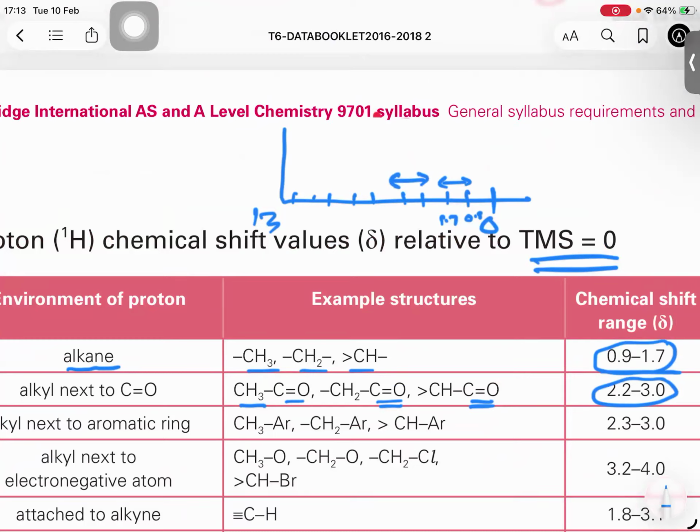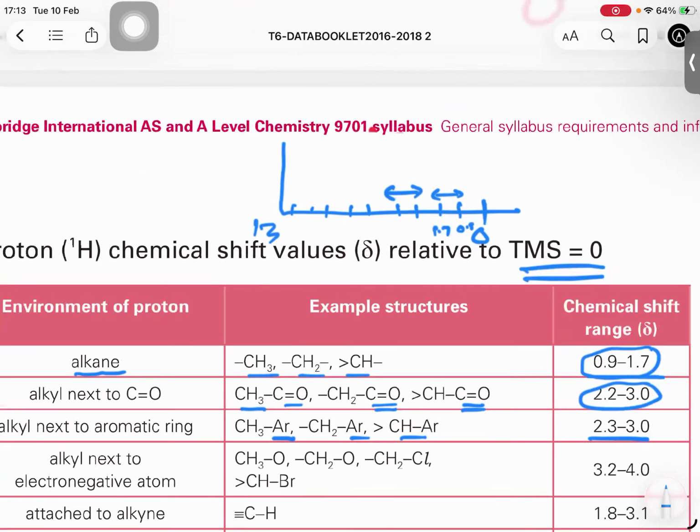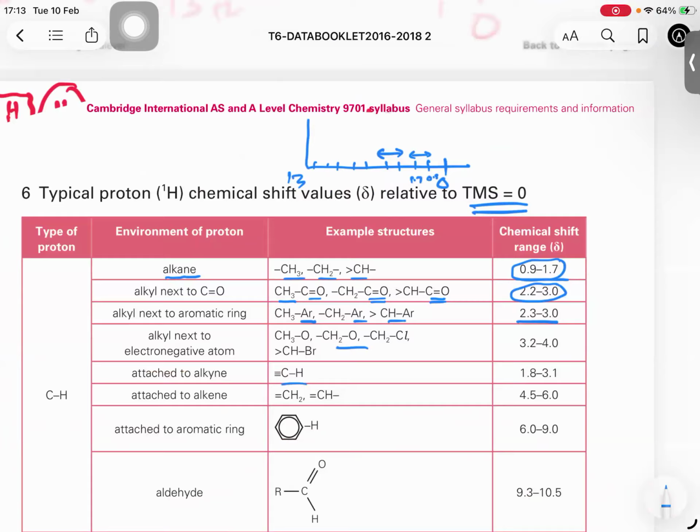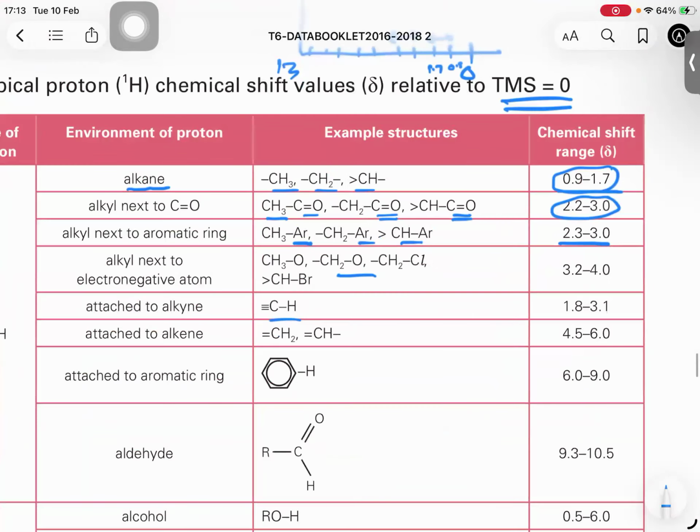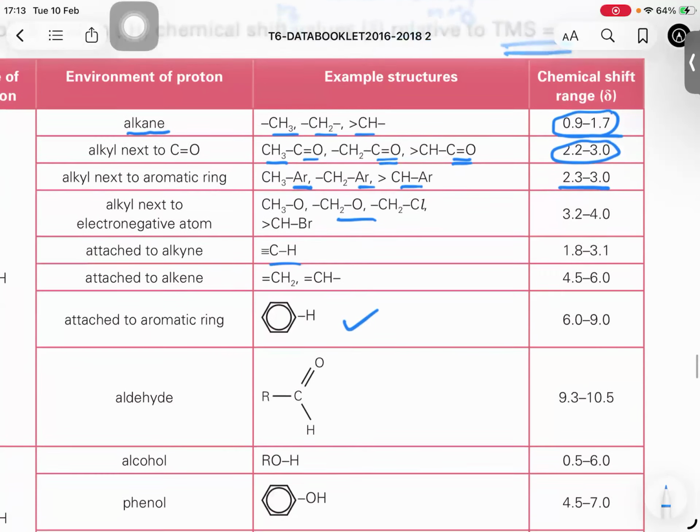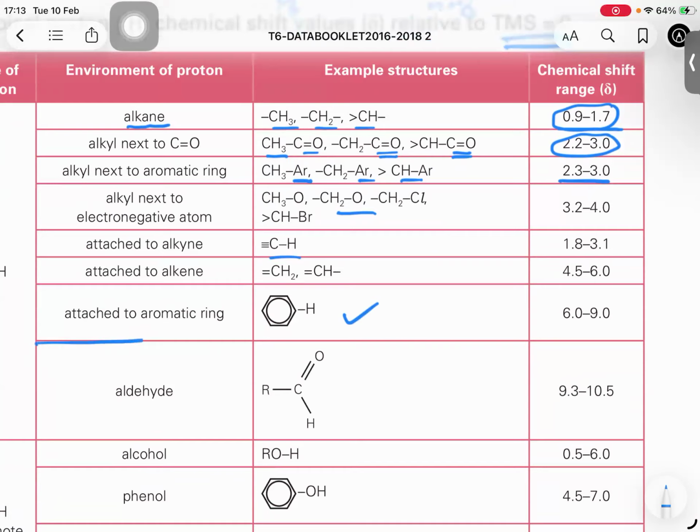Similarly, if this is next to aromatic, they're going to give the peak at 2.3 to 3. Similarly, next to oxygen, the carbon which has a triple bond and hydrogens attached, the benzene's carbons, hydrogens. These were mostly the hydrogens attached to the carbon and next to the functional group.